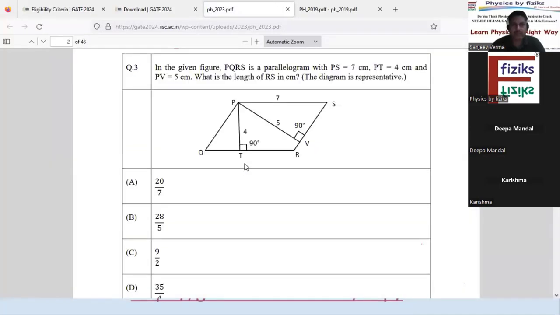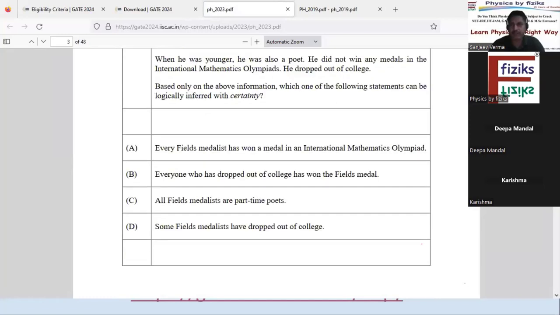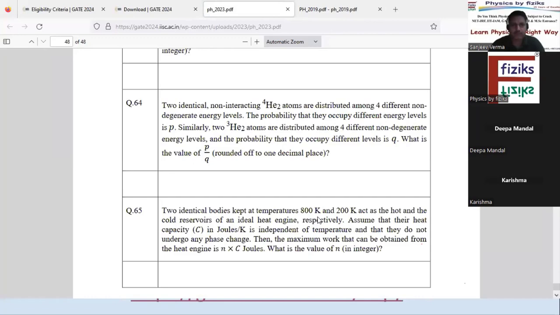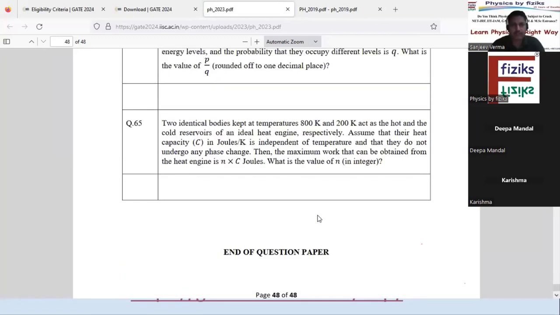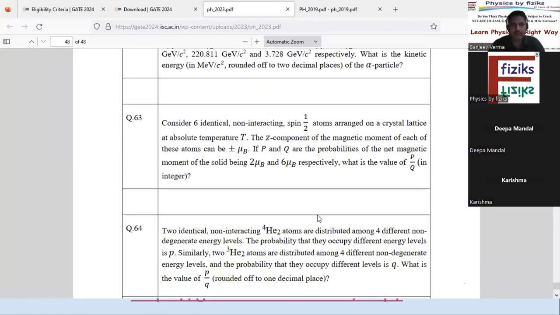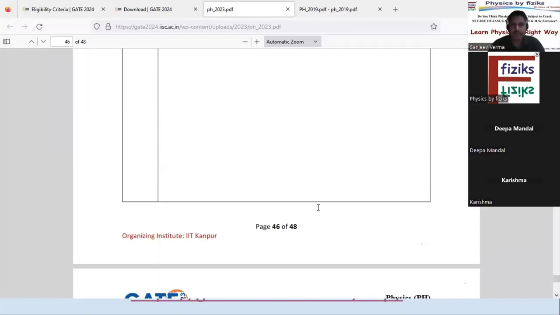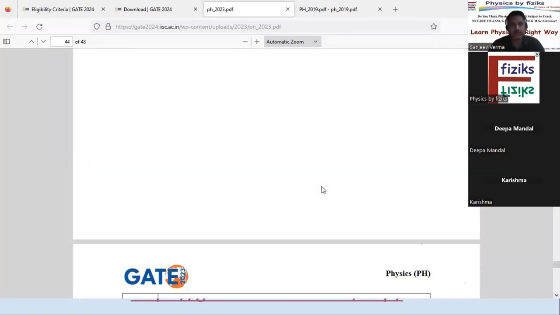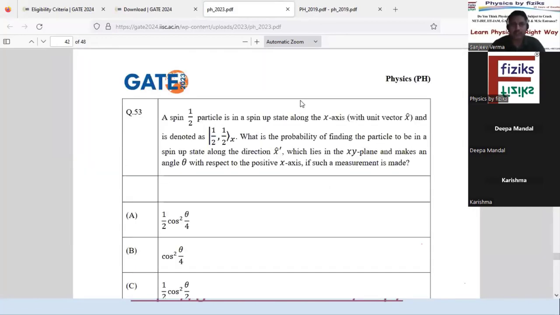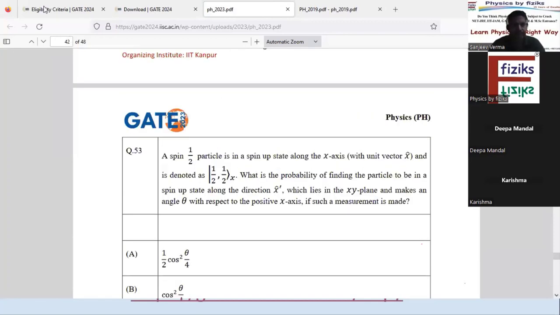Now you can see how many questions are there. So 65, yes. You can check how many questions are coming from which section.